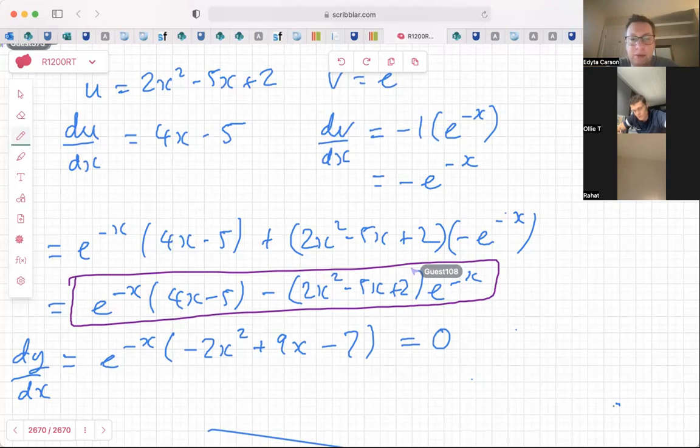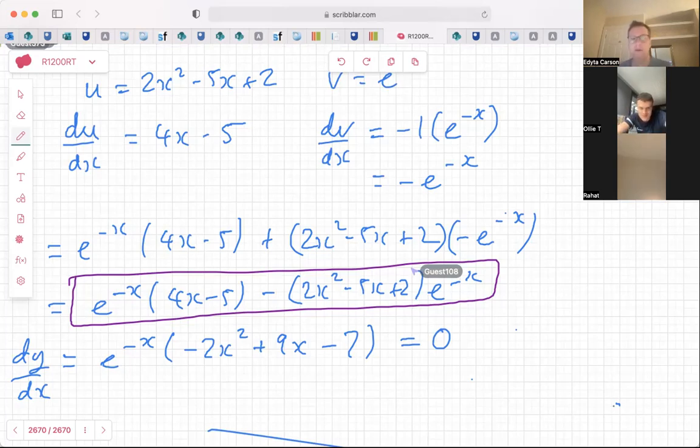Okay, so how are we going to find where x is from this equation? Would you mind saying that again?